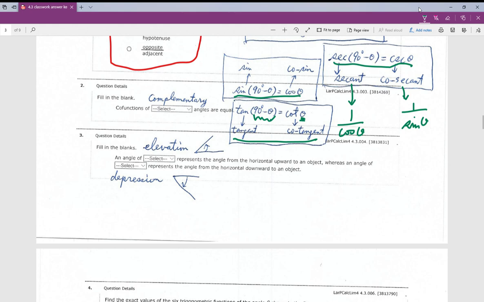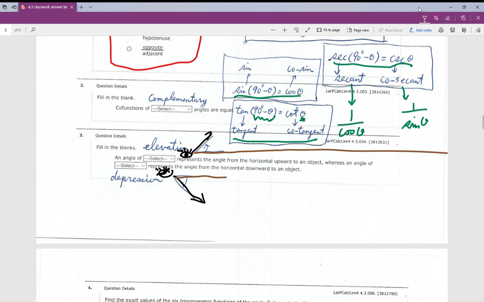And then number 3, a new definition. If you have your eyes, your beautiful eyes, and you take a look going up or going down, this is the level of your eyes.